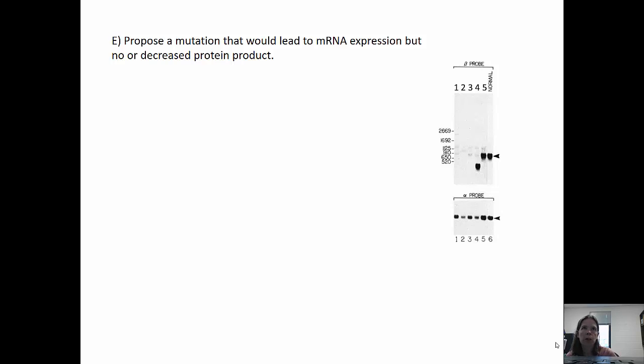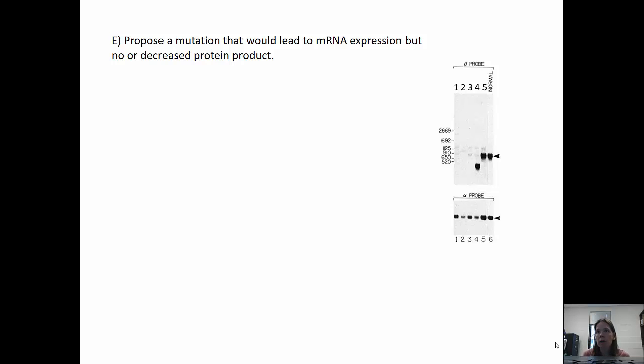Okay, so now if we were looking at a mutation that would lead to mRNA expression but little or no protein product, this could be a place where perhaps there's a mutation in the start codon. So in that case, there would be no start to translation. There'd be no protein product. Another example might be, what if there was a mutation in a microRNA that caused it to bind to this mRNA when normally it doesn't.